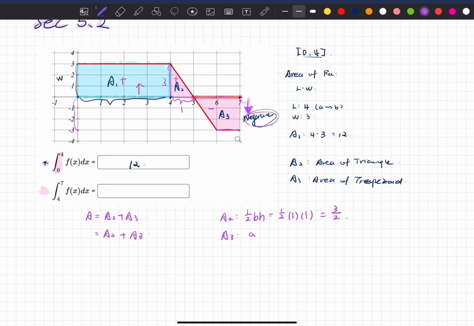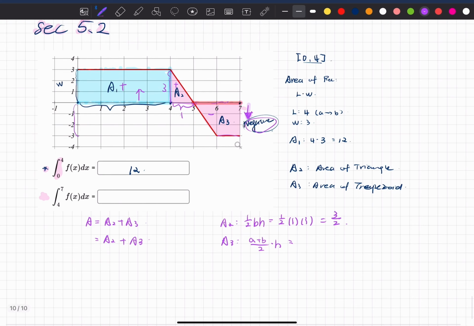So it's (a plus b) over 2 times the height.